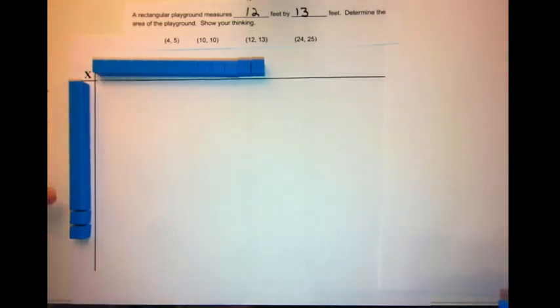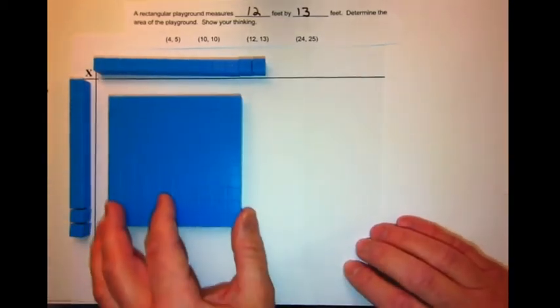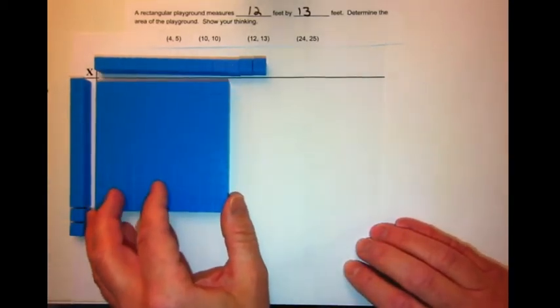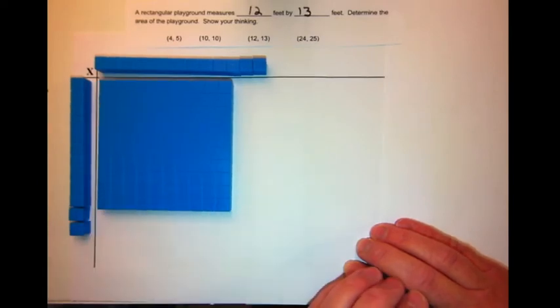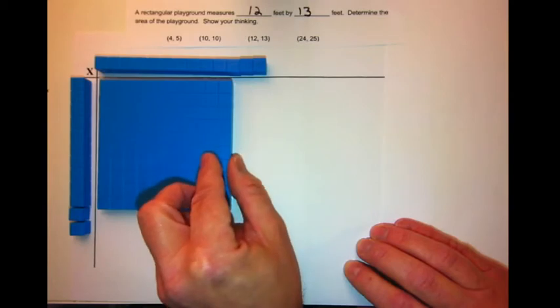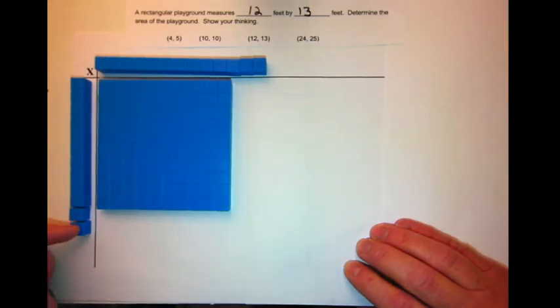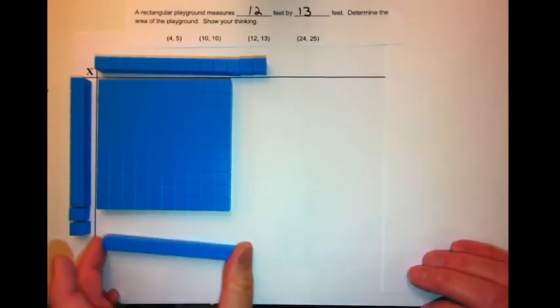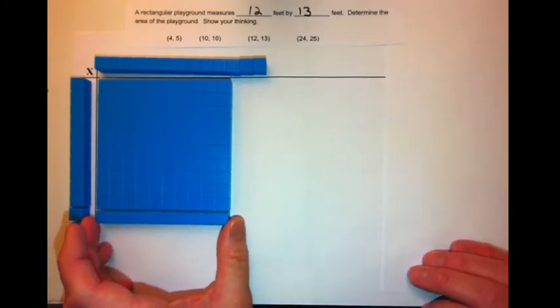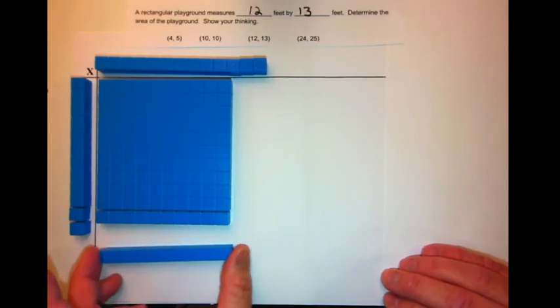Here is 10 by 10, and so 10 times 10 is 100, so I could put a 100 piece in there. Now here I have 2 units by 10, so I'm going to use some tens pieces. I'm going to put one of them there and one of them there.